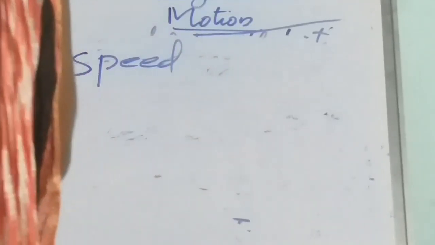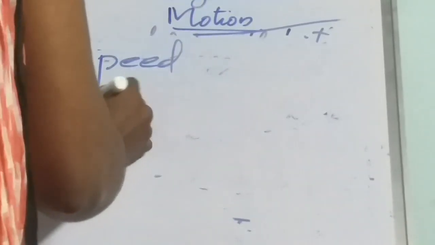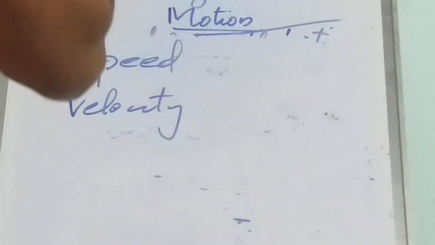So we are going to wind up today's class by summarizing what we have studied. We studied the physical quantities speed, velocity and acceleration. Speed means distance traveled per unit time. Velocity is the speed of an object moving in a particular direction.